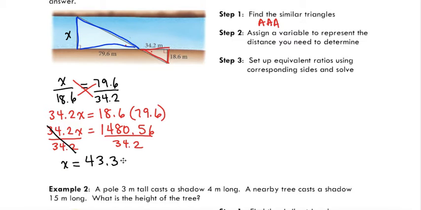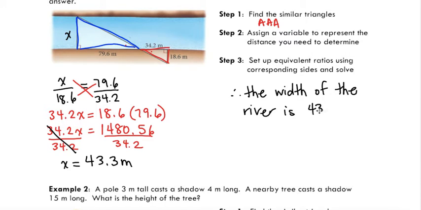So 43.3, and what am I measuring in? I'm measuring in meters. Because this is a word problem, I want to have a therefore statement. So therefore, the width of the river is 43.3 meters.